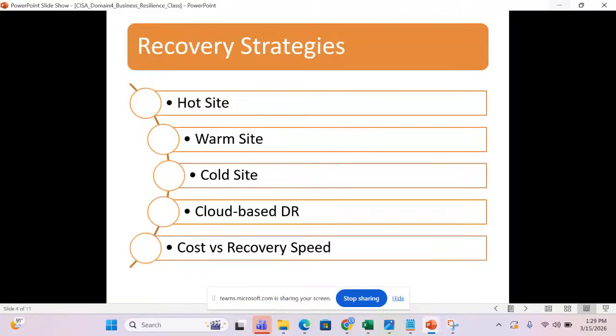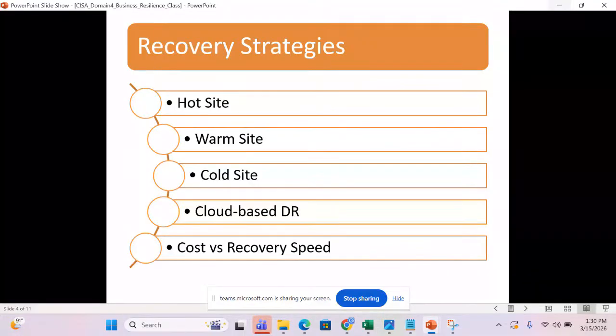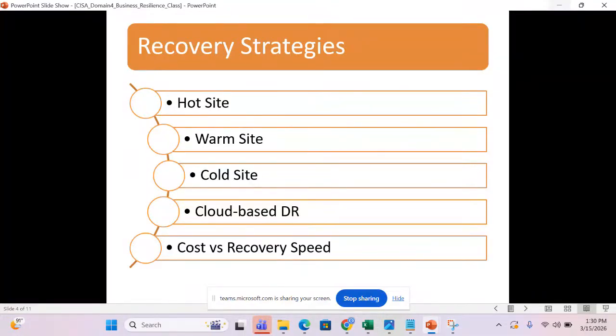So cost is relative to what particular solution you want to put in place that will affect your business operations. The lower my RPO and RTO, the higher my cost. If my RPO/RTO is 0, then my cost is high. That's how to calculate the cost. If my RPO/RTO is low, let's say 30 minutes, my cost becomes a bit lower.